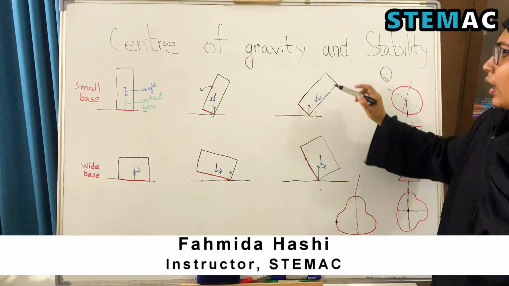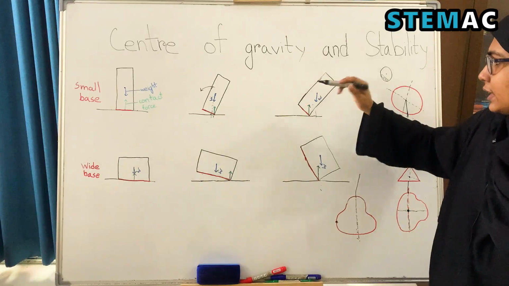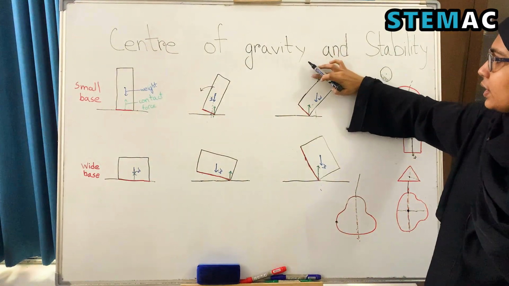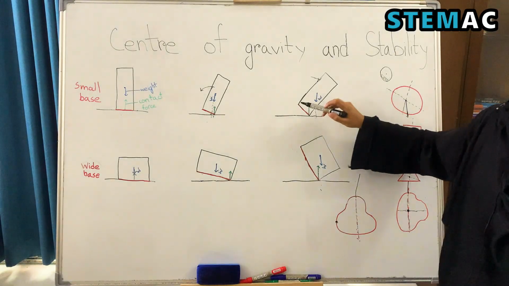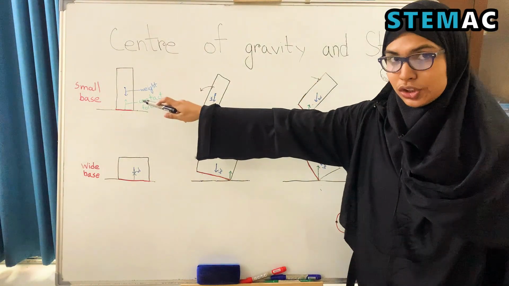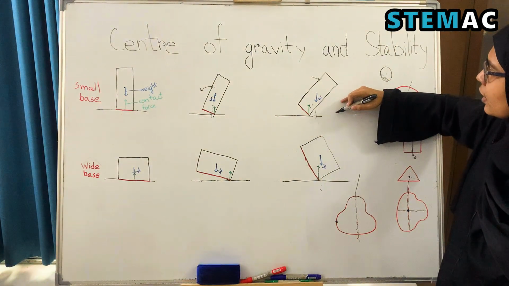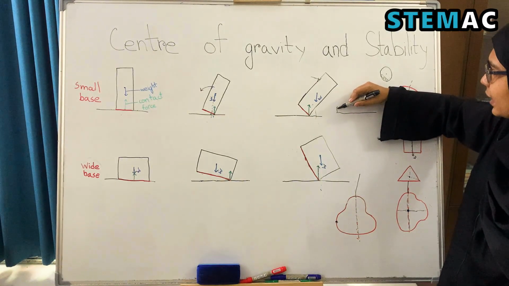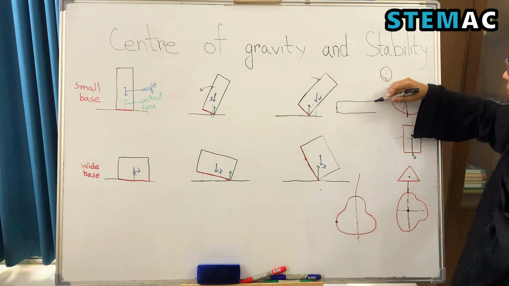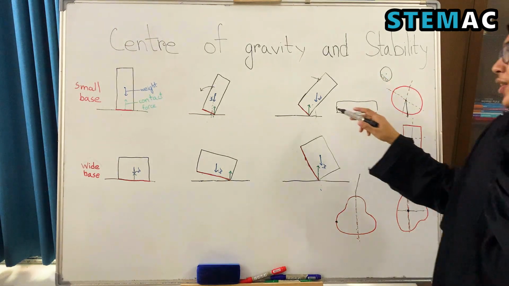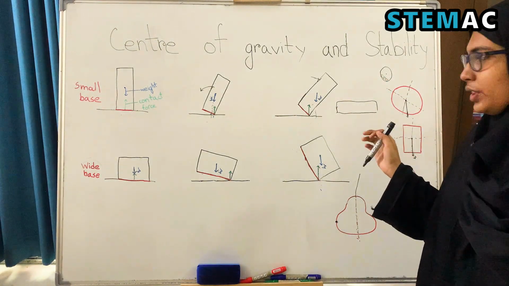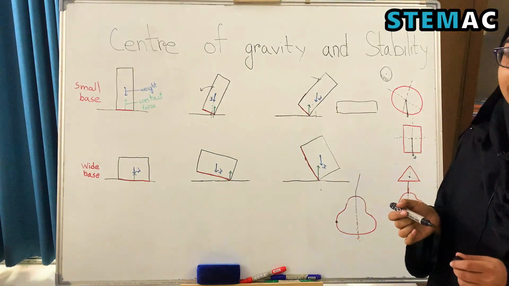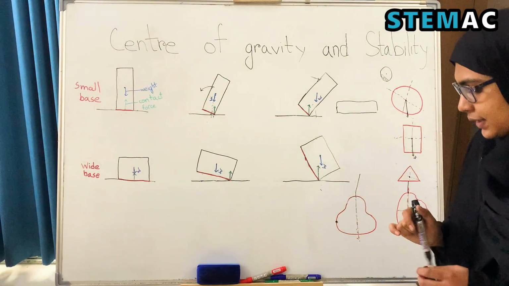Now if we remove the tilting force, the object will not return to its original position like here. It will fall over and become like this. So if it was a glass, it would have broken. So it is more favorable that objects have a wider base.